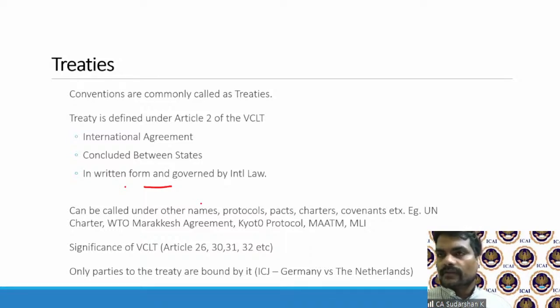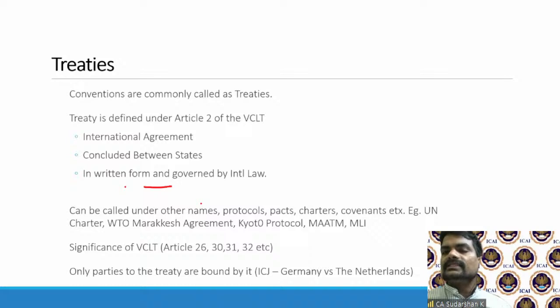The Vienna Convention on Law of Treaties is like the constitutional aspect; how to interpret treaties comes under the VCLT. It defines a treaty basically as an international agreement concluded between states. So that is why it is very important. These treaties are entered into between states and not by private persons.